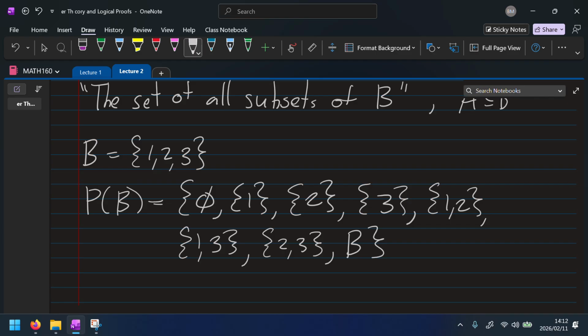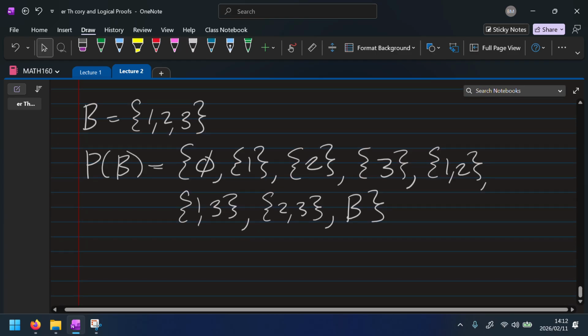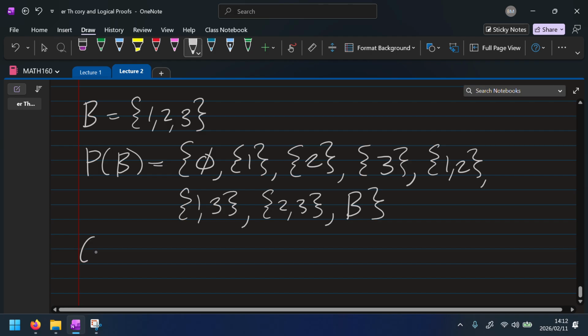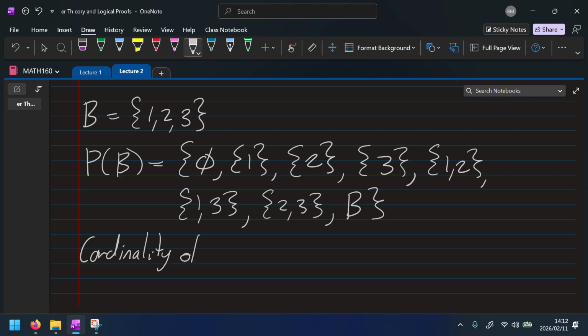Are we getting to that now? It's not factorial. Okay, so the cardinality of the power set. This is how you can check that you have all of the elements.